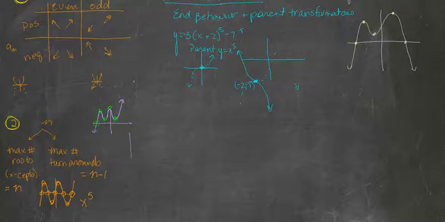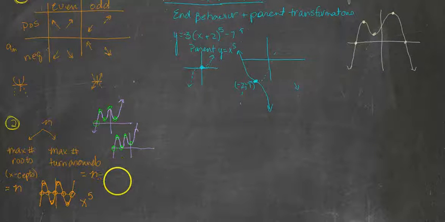Another possibility could be up, down, up, down, up. Well, for that one, it's got to go up from there. So now I actually have 2 roots because one just touches and turns around. One of my roots is a turnaround, and I have 4 turnarounds and 2 roots. So there are all kinds of possibilities.